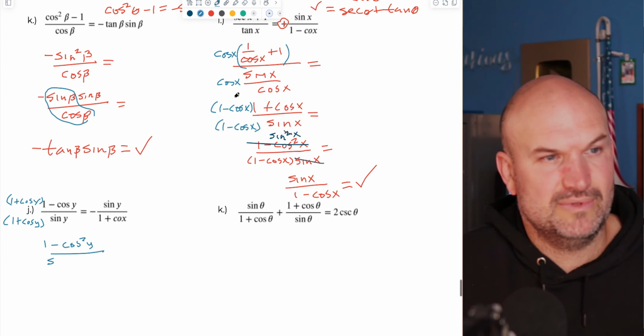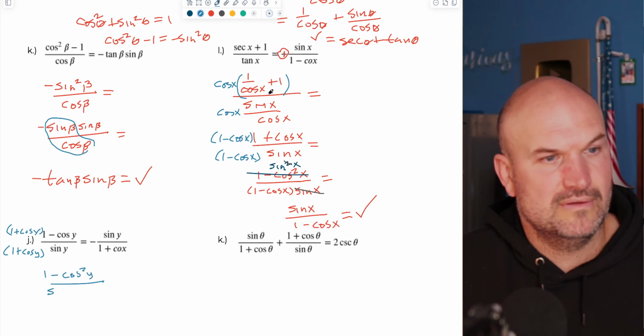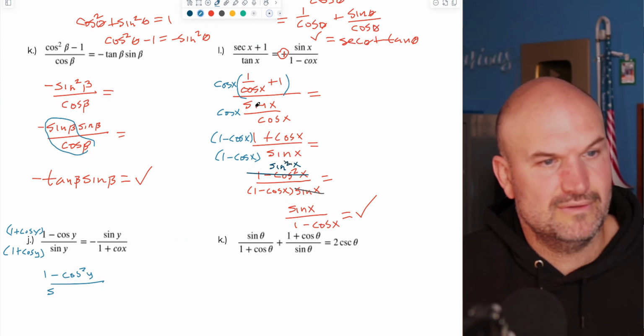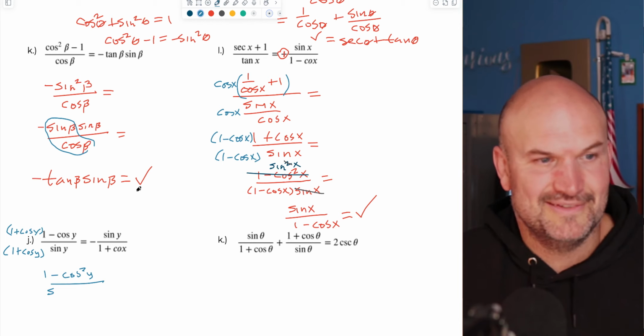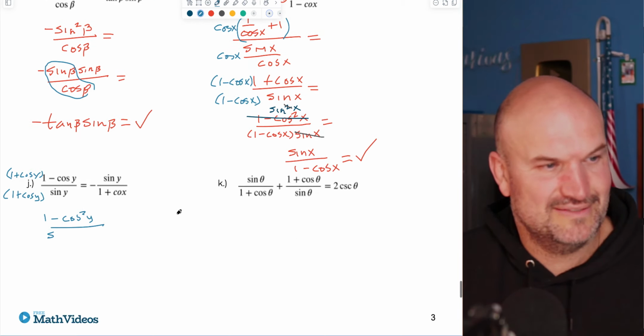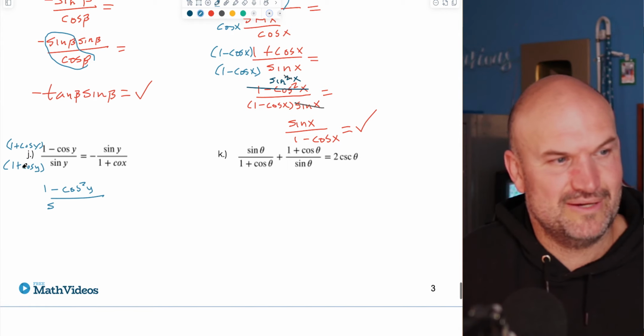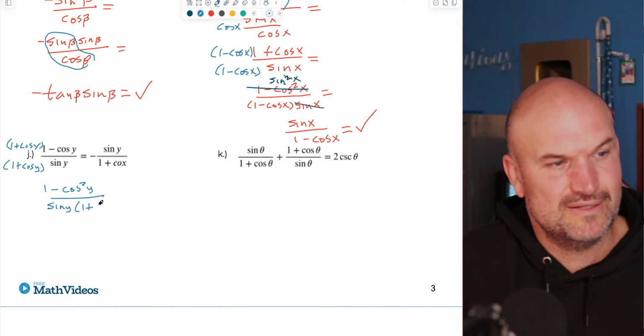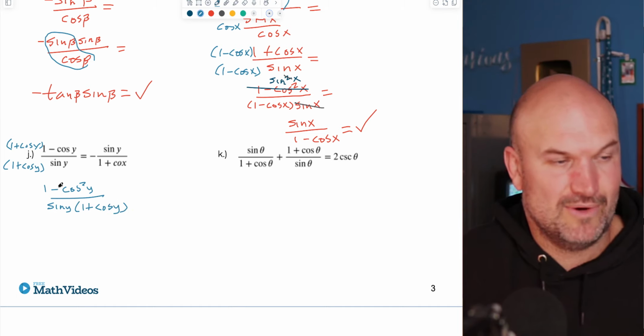Is that the exact same problem? Pretty much. That's kind of funny. It's like the exact same problem. I might add a different one. So sine of y times a 1 plus cosine of y.